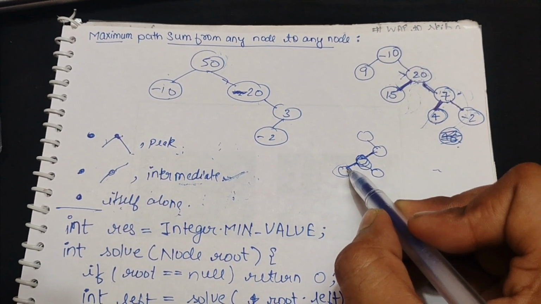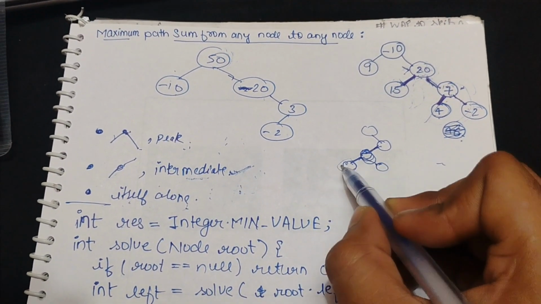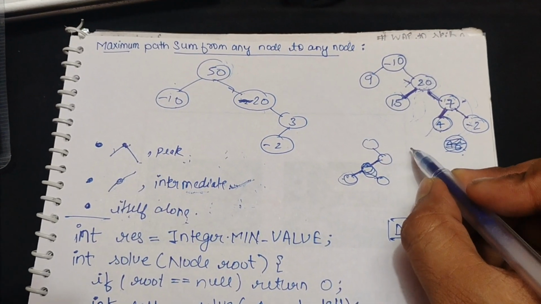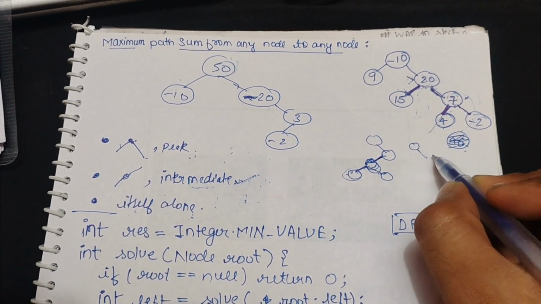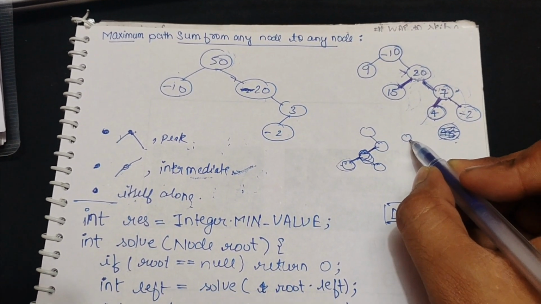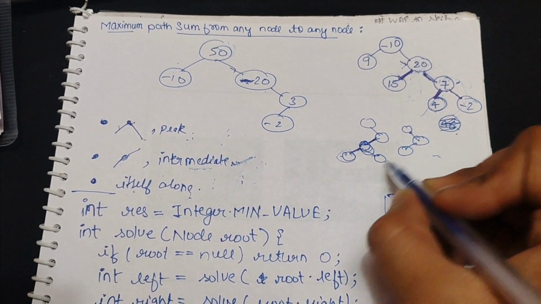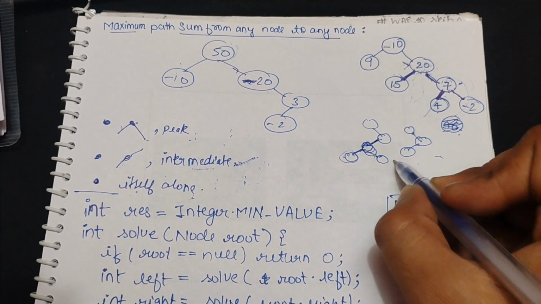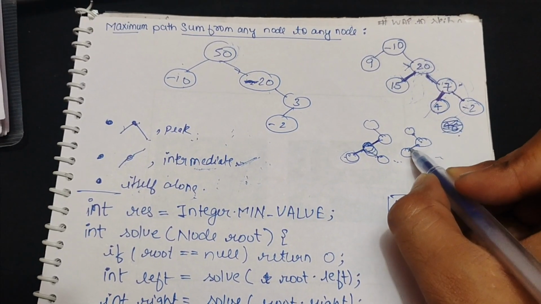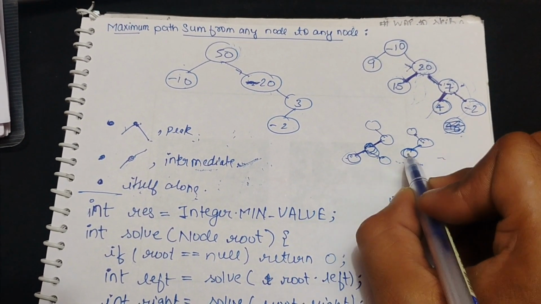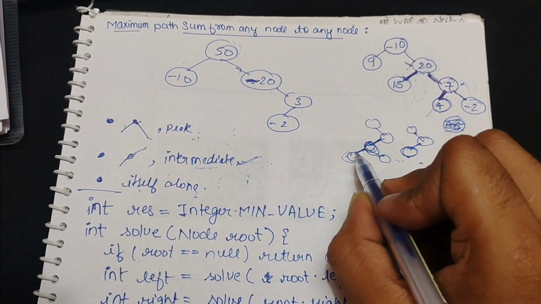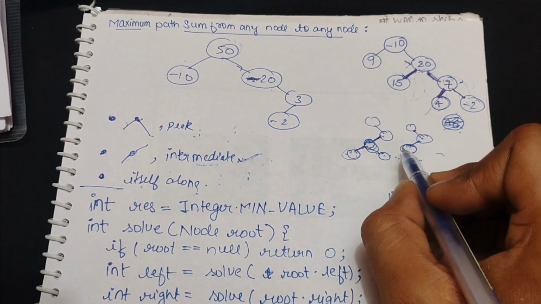And what if these 2 are very negative values, and it only wants the path to be like this, the path should initially start from here, then till here, and it will not choose any of this left or right. It will say the path will end in my node.